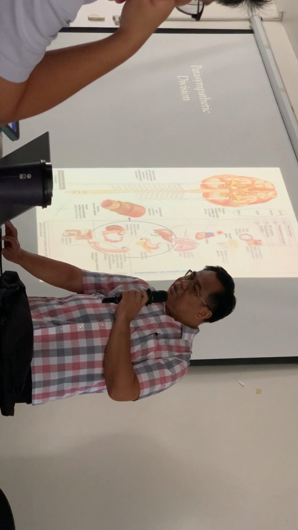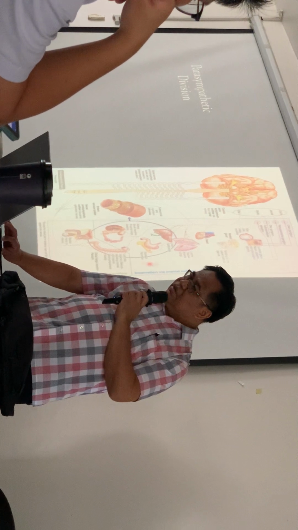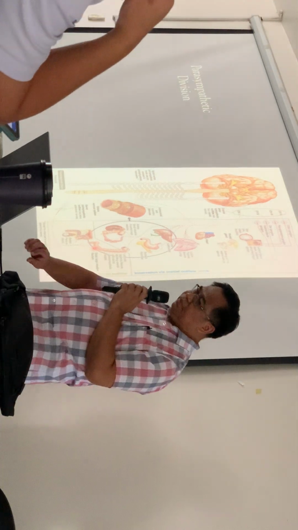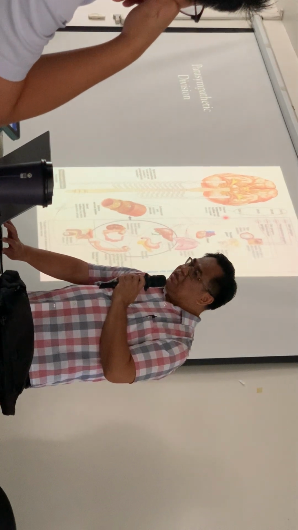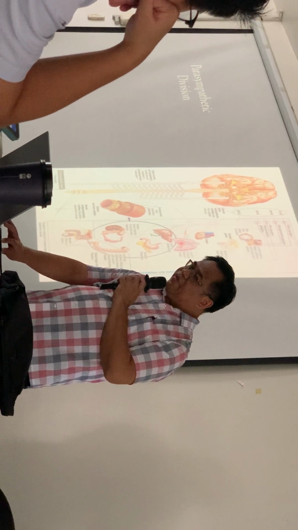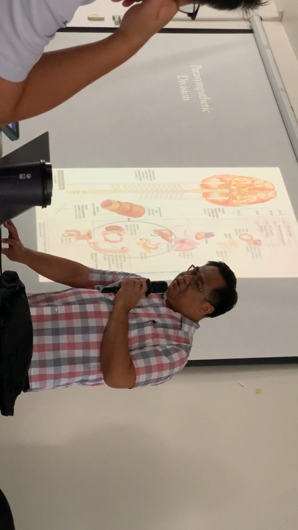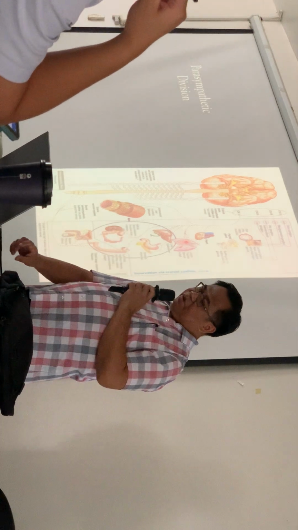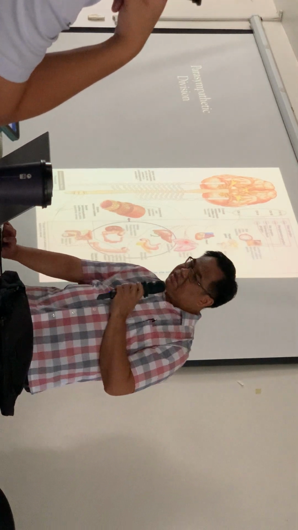So a lot of visceral organs are supplied by the vagus nerve, cranial nerve 10. These are the presynaptic fibers going into the ganglion, and then the postsynaptic fibers go into the end organs.